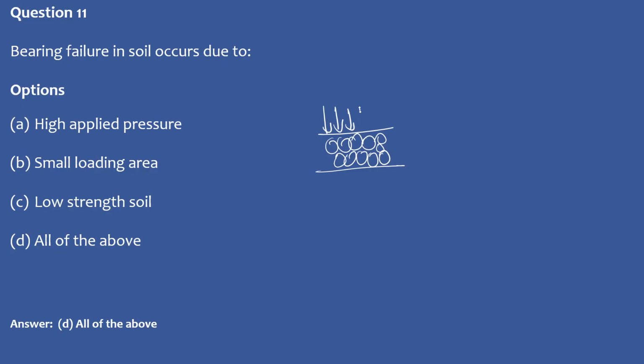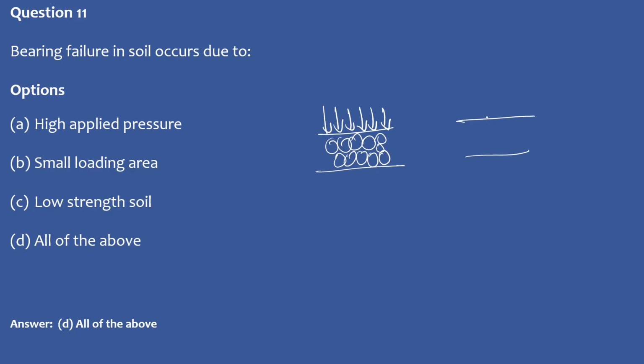When the pressure which is coming to the soil particles is very large, or if you are having very limited area on which this force is acting, then again this leads to a bearing failure, or your soil strength is very less.